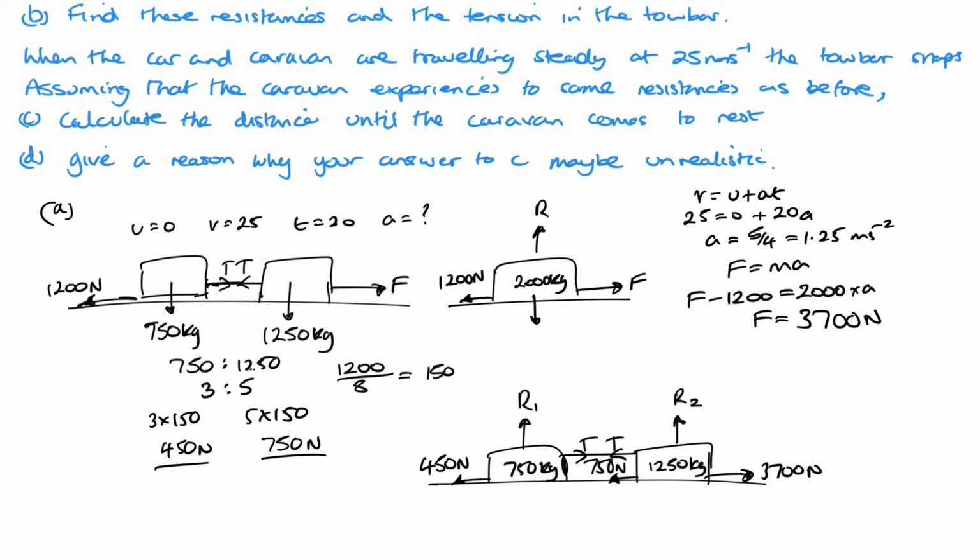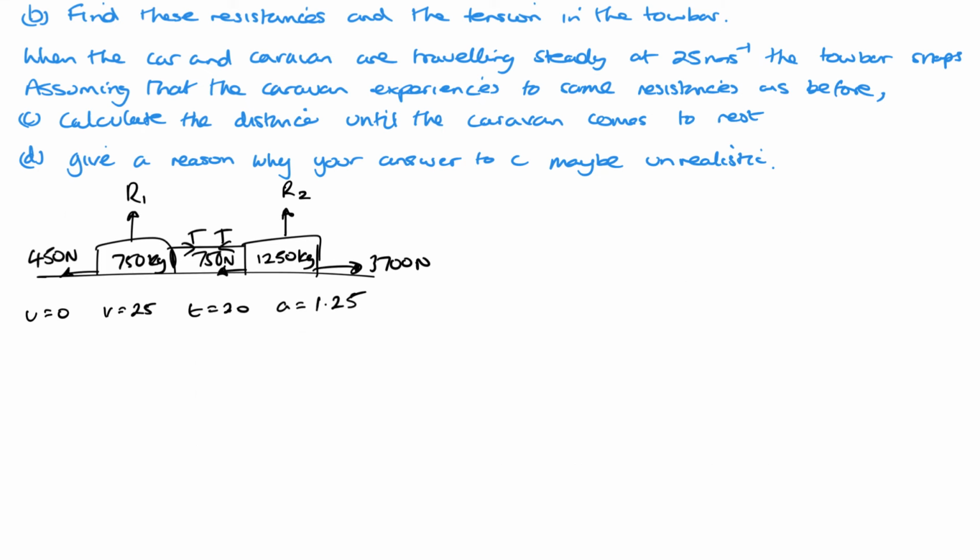Next, I want to find the tension in the tow bar. So it makes sense to look at the caravan. This is the easiest one to do, as then I've got T is the larger value, T minus the 450. It just makes my calculation a little bit easier. This is now part B, isn't it? For the caravan, we're going to look at F equals MA.